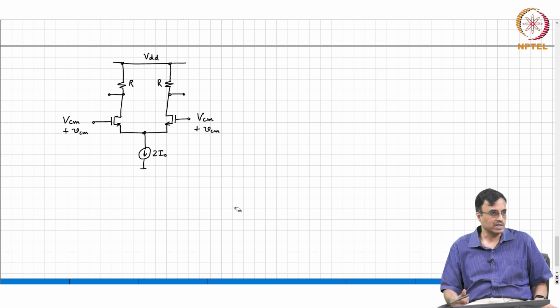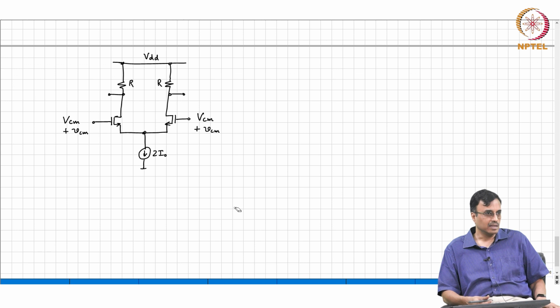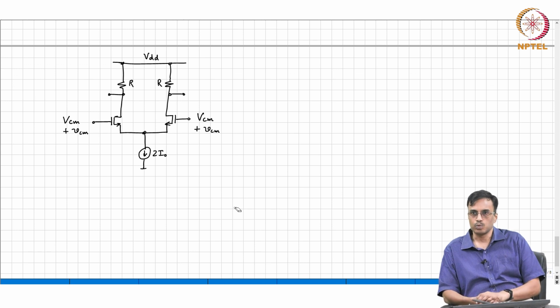Let me rephrase the question. The output, which are our outputs? Either VO1 or VO2, depending on whether we want positive or negative polarity. Let's say VO1.